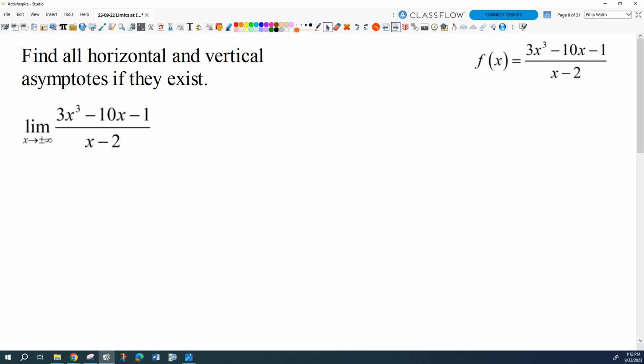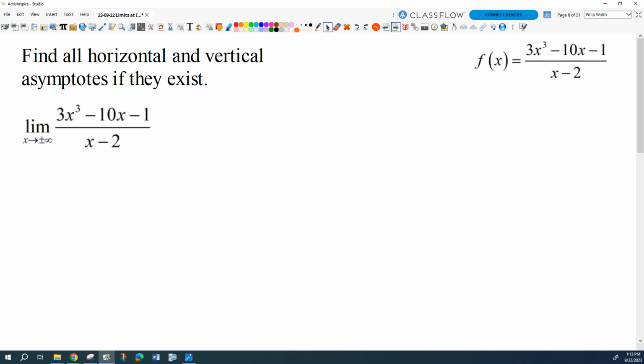Or if you aren't comfortable, you're not sure yet, tell me how would we know? Tell me some stuff about that. How could we find out? What are the criteria? And really, it's just a single criterion for a vertical asymptote. What has to be true for there to be a vertical asymptote when I evaluate the limit? What kind of outcome do we get that says, vertical asymptote, if I evaluate this directly?